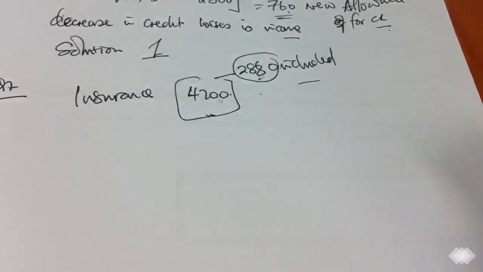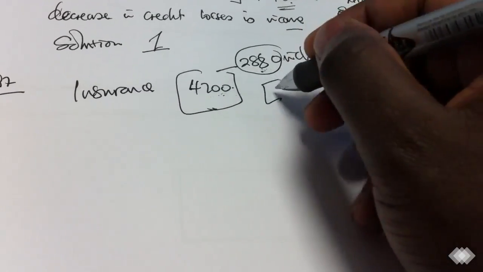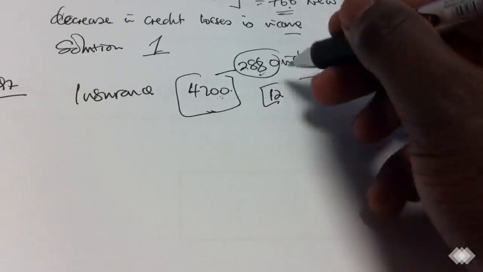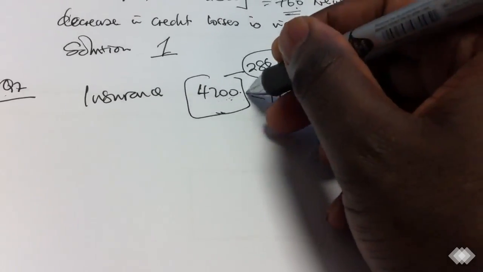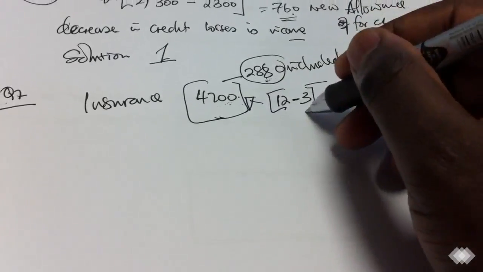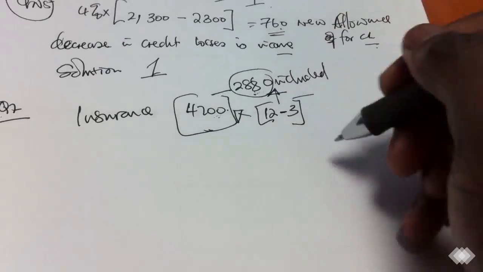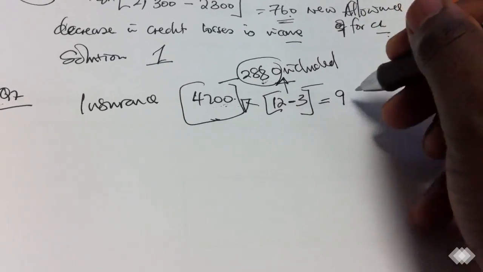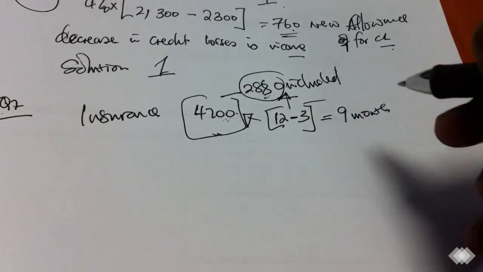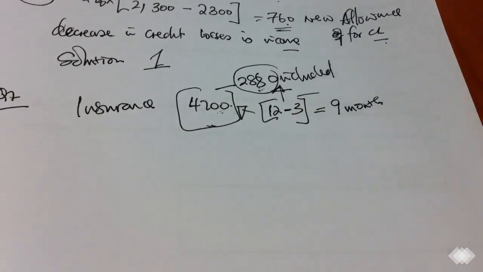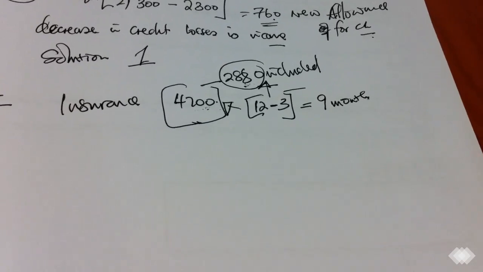It's 9 months, isn't it? Because we are saying our year is 12 months, and we only need 3 months equivalent to be in there of this. So how much should we deduct? We should deduct 9 months worth of insurance, isn't it? Because it's for the following year.